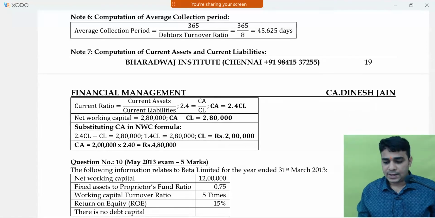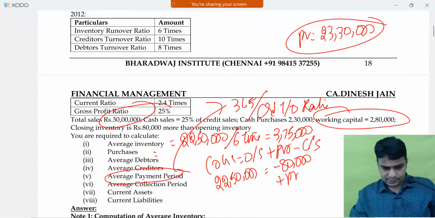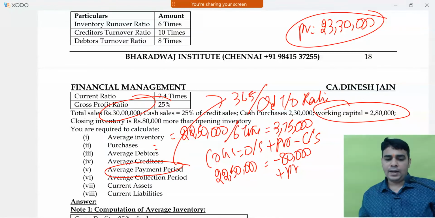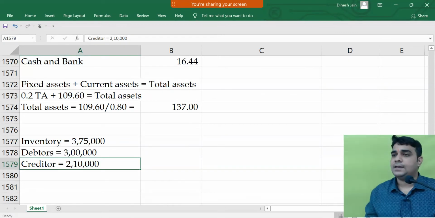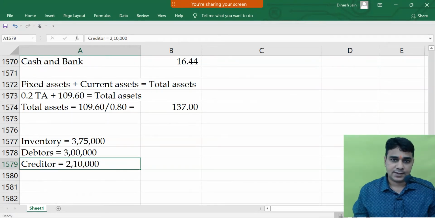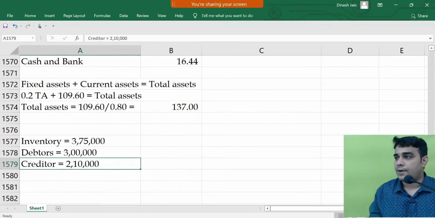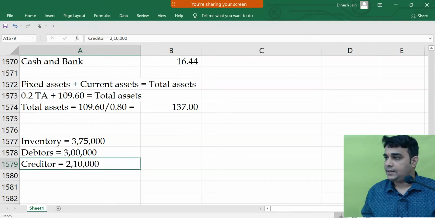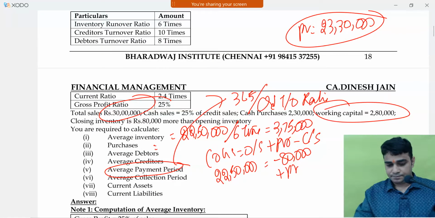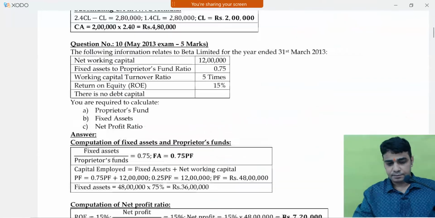The only possibility is that what you have calculated is average creditor, and maybe the closing creditor is lesser than this number. It can't be lower than your creditors of 2 lakh 10,000.